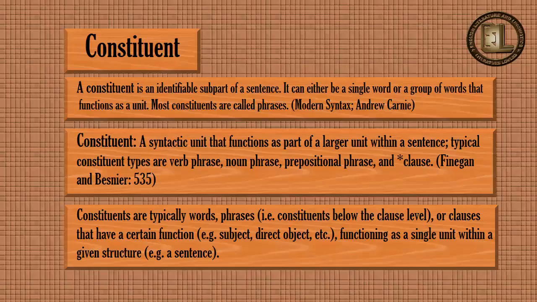In modern syntax, Andrew Radford defined a constituent in these words: a constituent is an identifiable subpart of a sentence. It can either be a single word or a group of words that functions as a unit. Most constituents are called phrases.